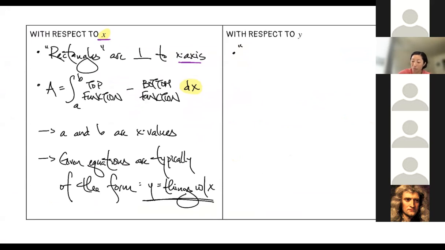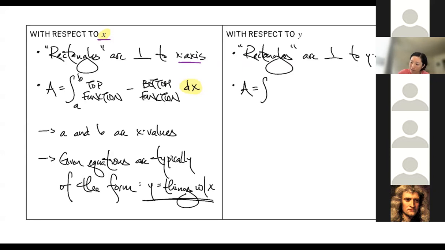Instead of saying rectangles are perpendicular to the x-axis, I would say rectangles are perpendicular to the y-axis. And so the way we say that is our area will be the integral.